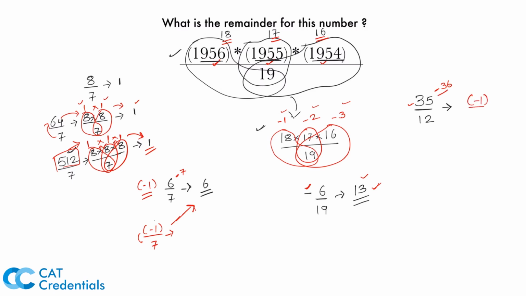So this is minus 1 divided by 12. The positive remainder here will be what? 12 2s are 24, it will be 11. Now if you have to get the positive remainder from the negative remainder answer, just add the 12. Minus 1 plus 12 will be 11. So that is your negative remainder, which is used as a concept to solve the problem quickly.